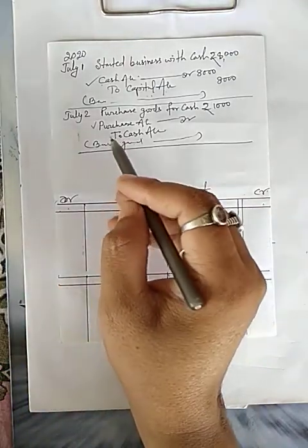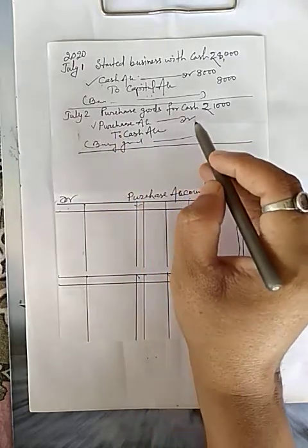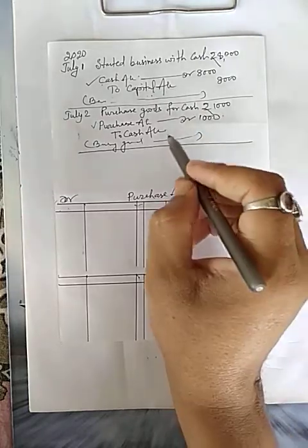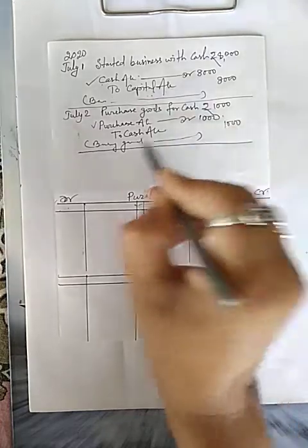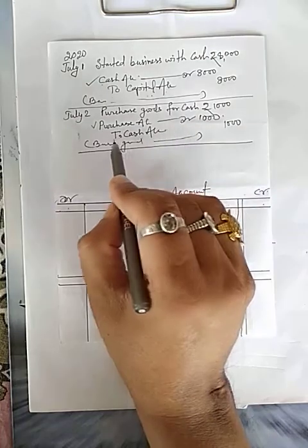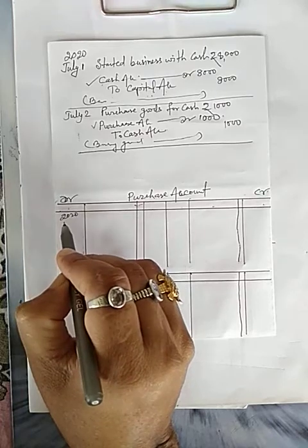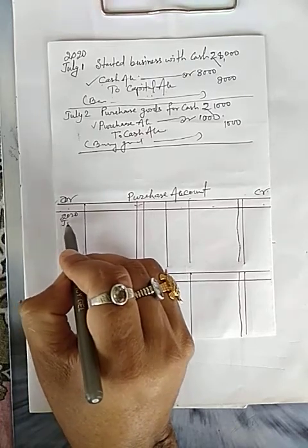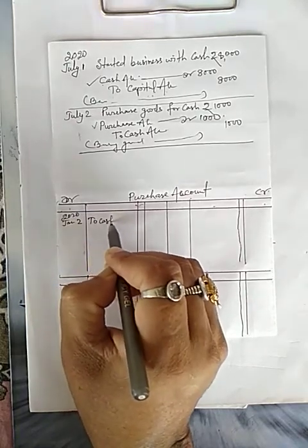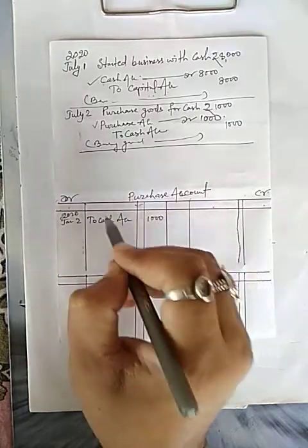Now I will post in purchase account debit side rupees 1,000 is given. Debit side of purchase account to cash account. So on 2020 July 2, to cash account I will post 1,000 rupees.